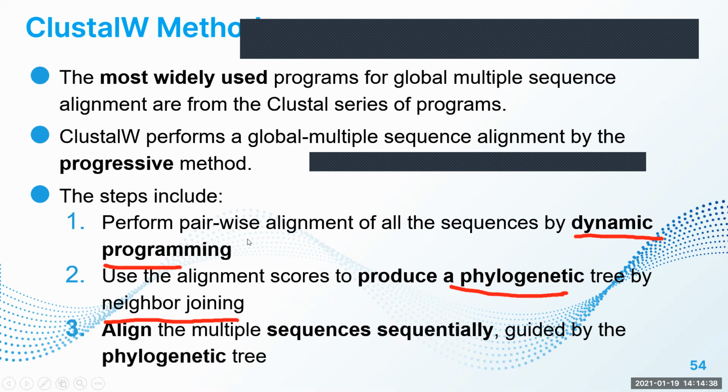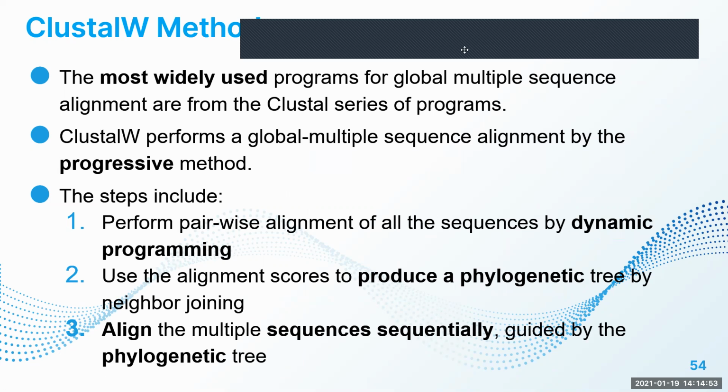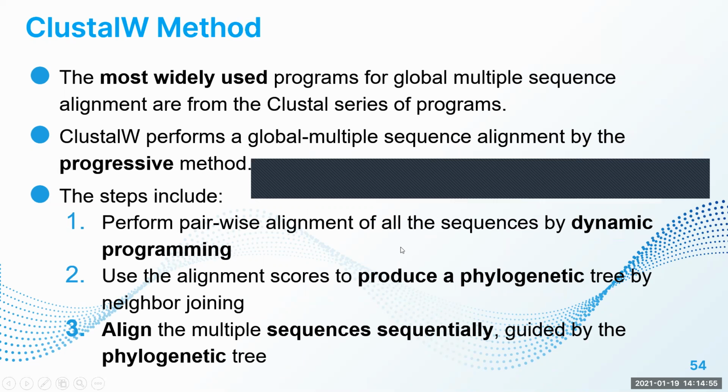Then the third step is the same as the progressive one. So you basically sequentially keep adding these sequences. So it's more like the progressive one, with only some differences.